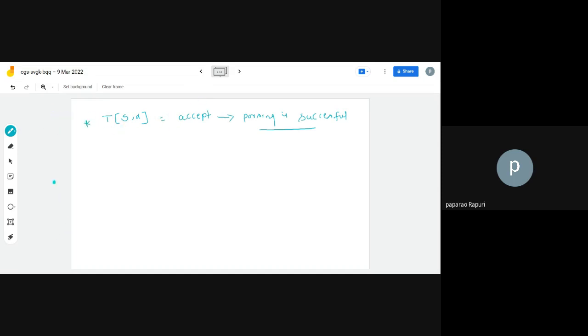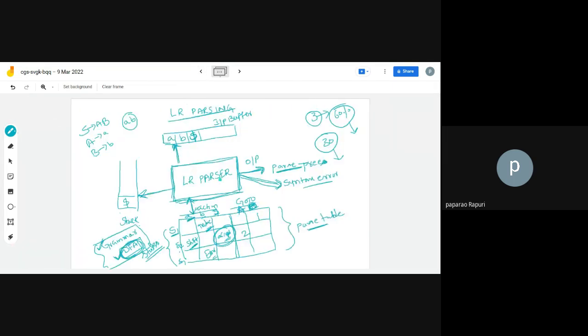Coming to the second situation, T of S comma A may be equal to error or blank. All the blank spaces mean an error, because there is no production to accept or shift or to do anything. So we call these empty spaces of the table error cases.